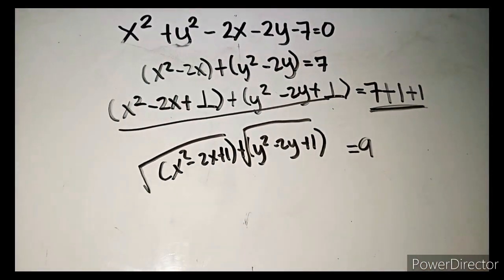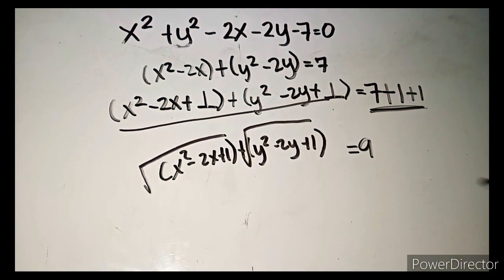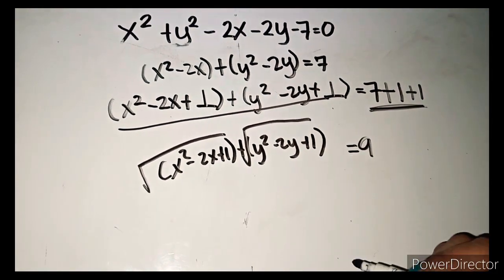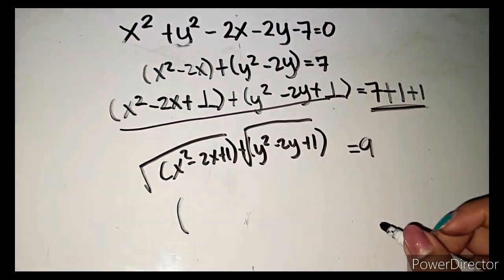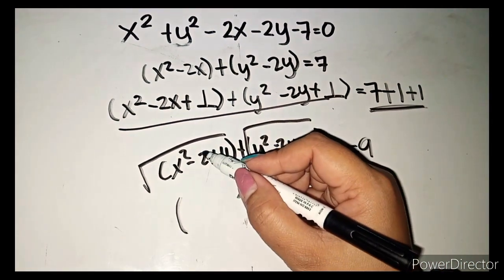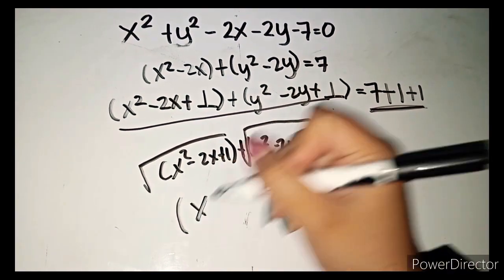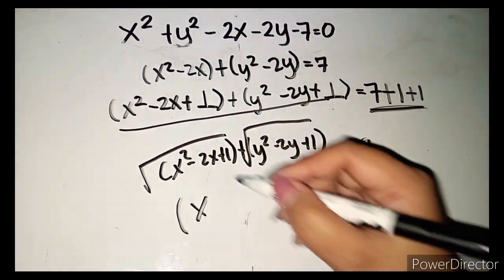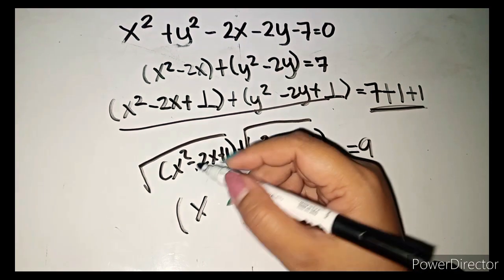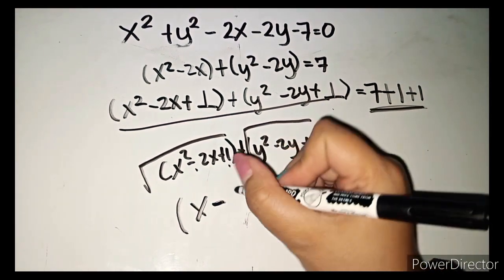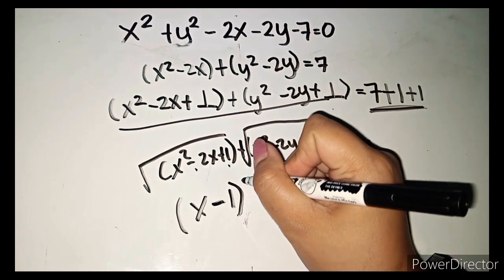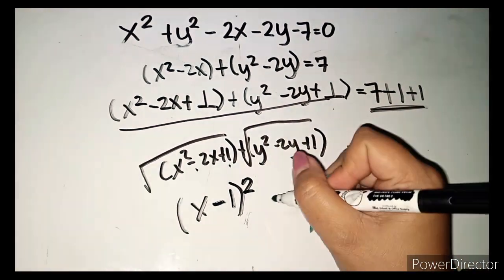Okay? Kukunin lang natin yung square root ng dalawang grupo na to. So, unahin natin yung x. So, open parenthesis, square root of x squared is x. And then, copy the sign of the middle term, which is negative. Square root of the third term, which is 1. Then, squared.